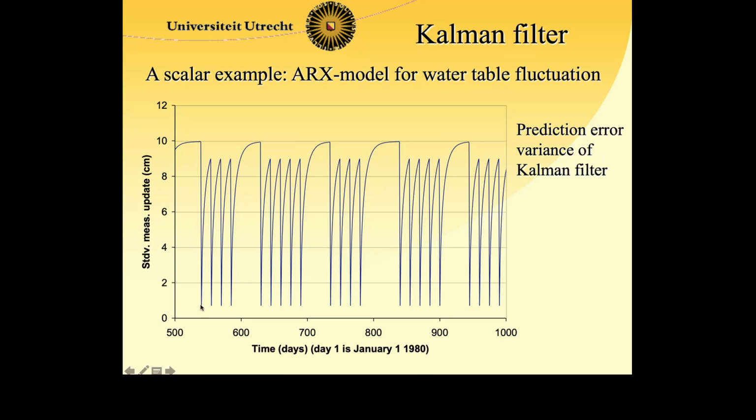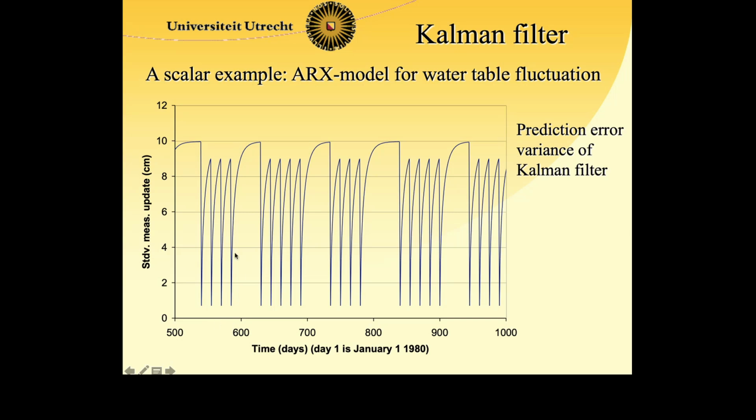And we can see that after a measurement update, it's very small. It's smaller actually than the 0.5 millimeters or 0.5 centimeters that we had from the measurement. We can see that it gradually goes up when we start predicting ahead in time until we get the next observation, and then it goes down again.